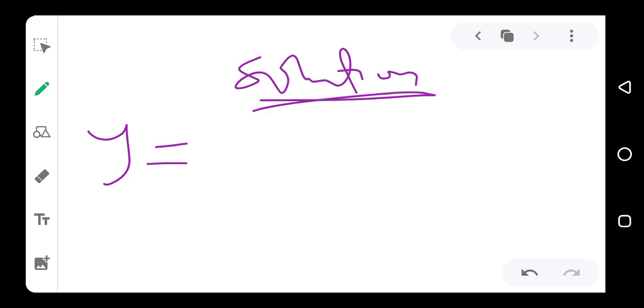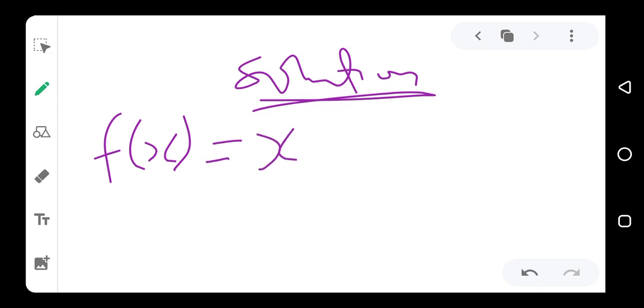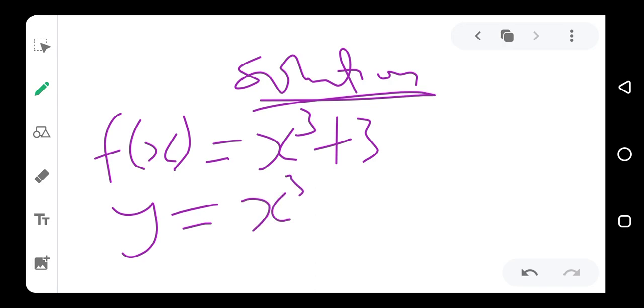The expression means, to show that we know our basics of further mathematics, that f of x is equal to x raised to power 3 plus 3, and that means that y, because we know that f of x is equal to y, so y is equal to x raised to power 3 plus 3.